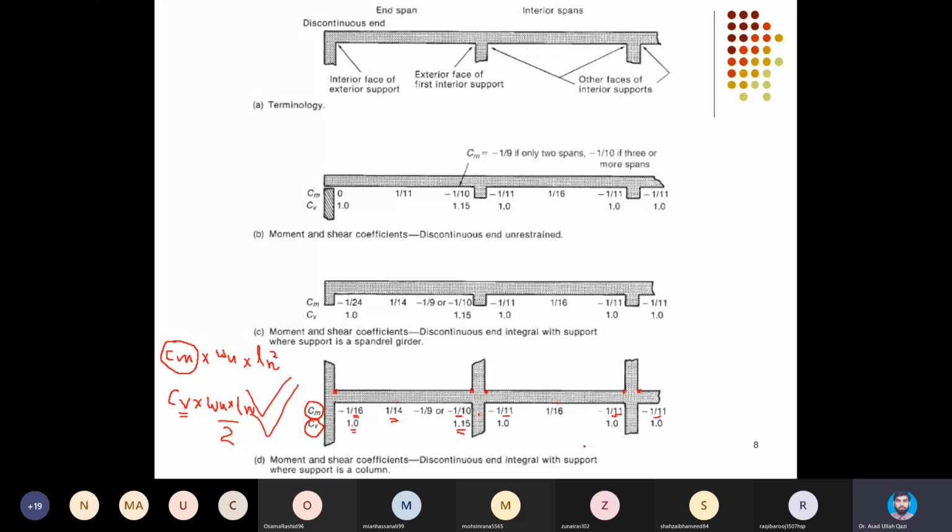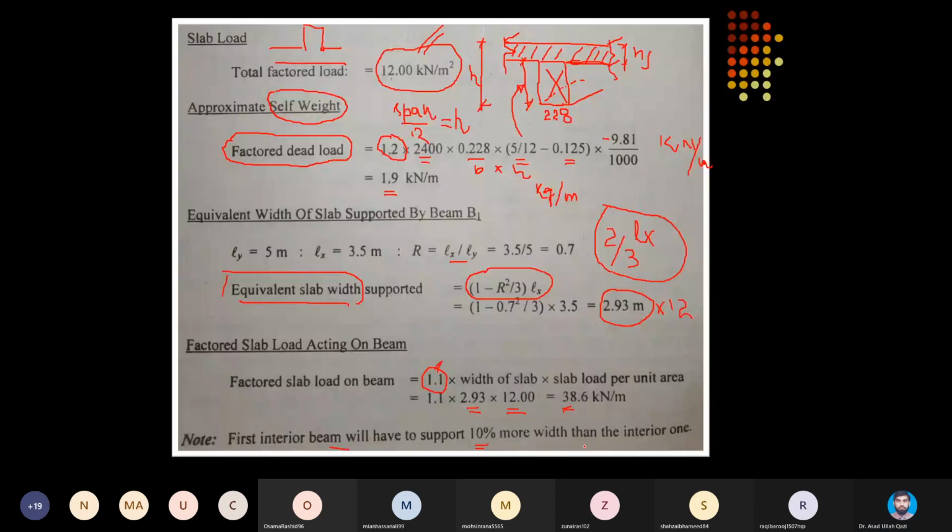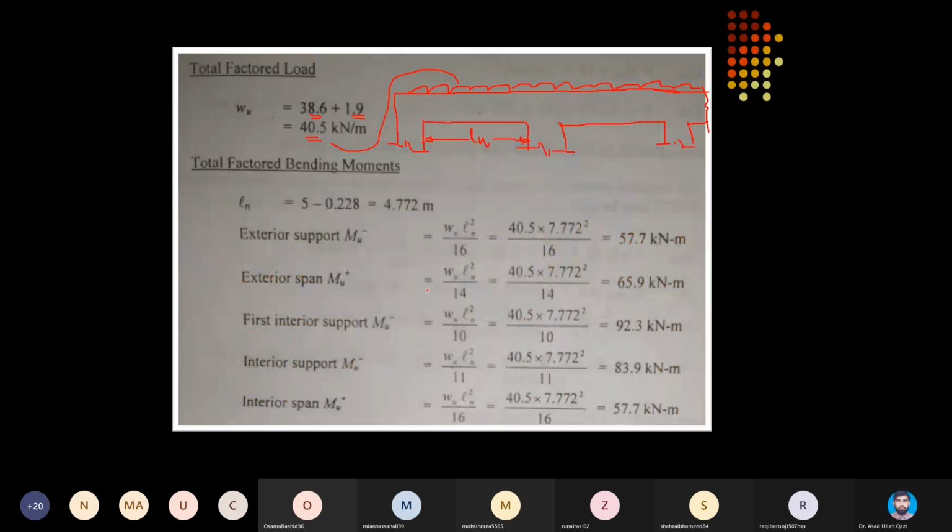So keeping in view this distribution here, selection of coefficients for beam framing into the column: 1 over 16 for the face of exterior support, for the mid span of exterior span 1 over 14, for the face of first interior support at exterior face 1 over 10, for all other interior supports at the face of supports 1 over 11, and for all interior mid spans 1 over 16.